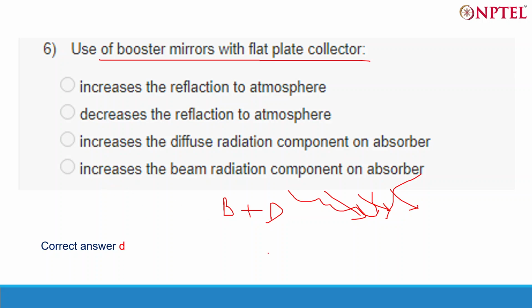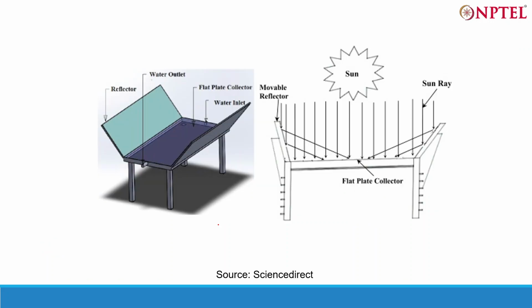So how does a booster mirror look like? It looks like this and works like this. Whatever sunrays go here, it also focuses down onto the flat plate collector. So this is the booster mirror, the side mirrors which are installed in the flat plate collector.